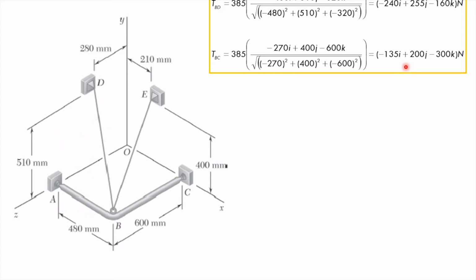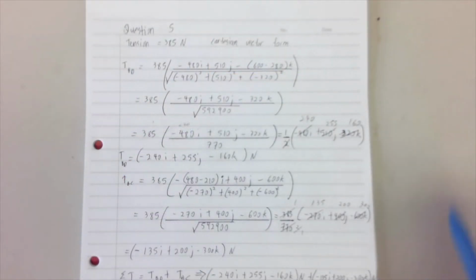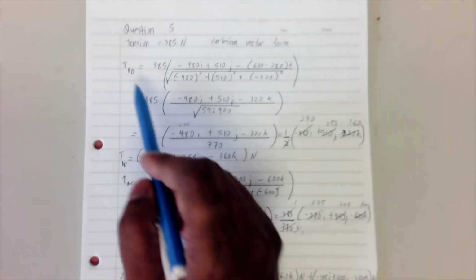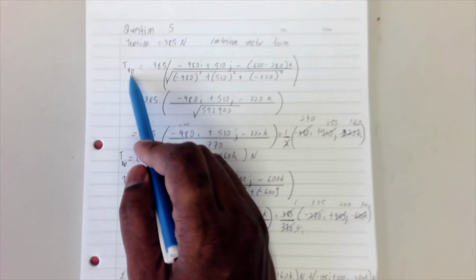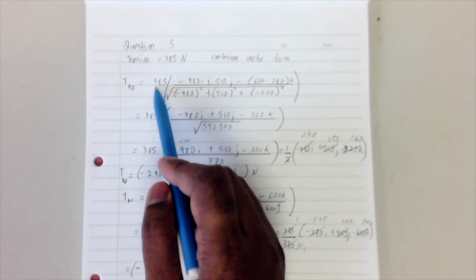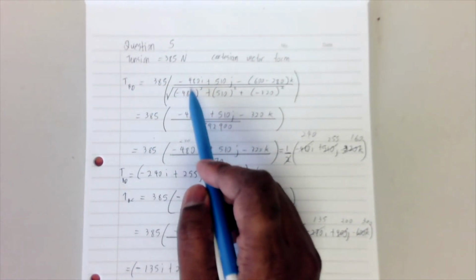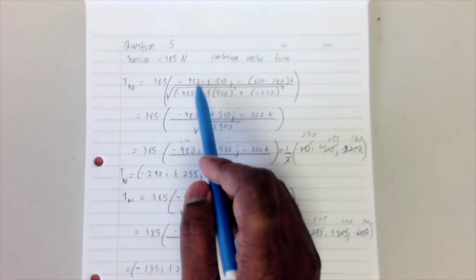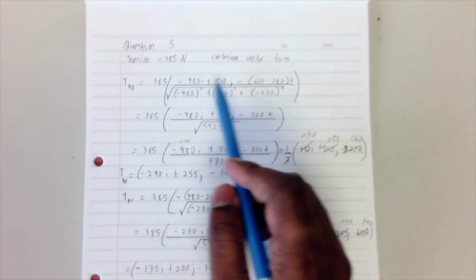Okay, for TBD, we will find the tension along rope BD. So BD 385, the tension given, negative 480i, because it's the opposite direction of the x-axis, so negative.